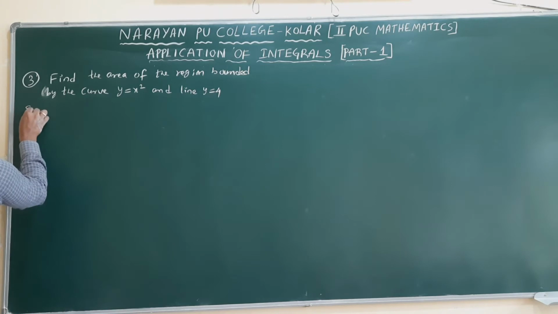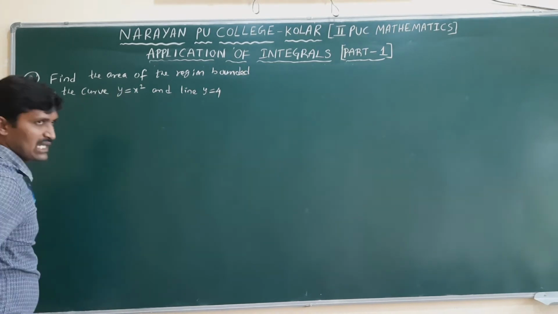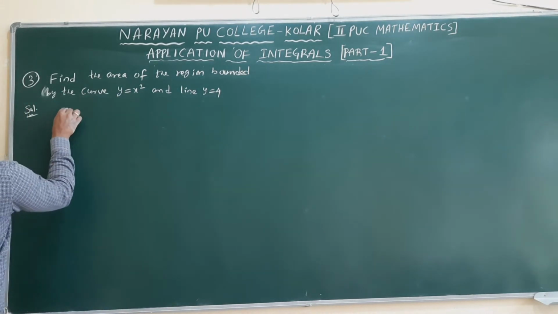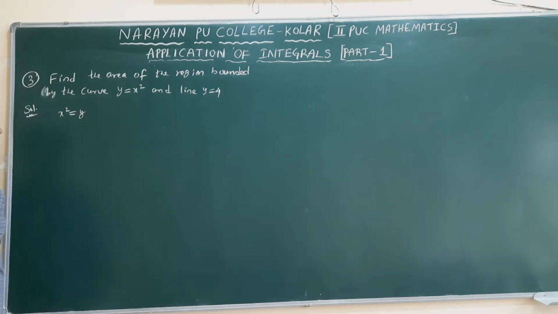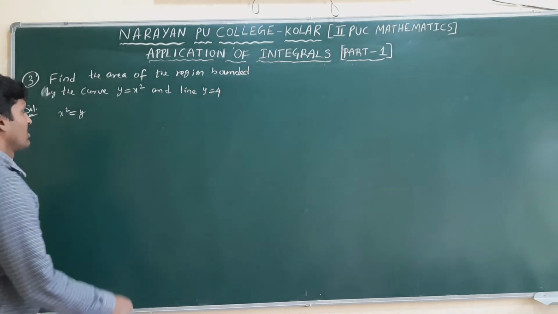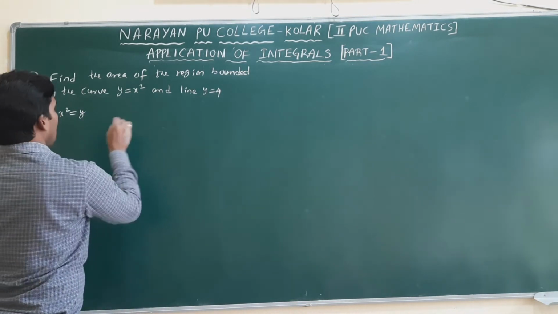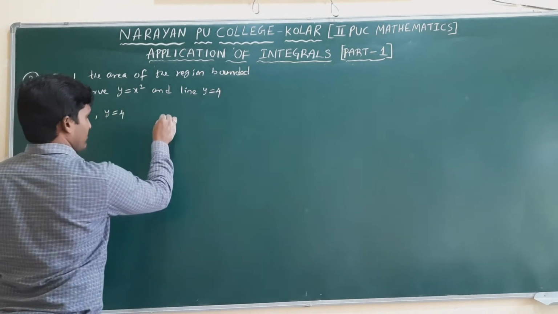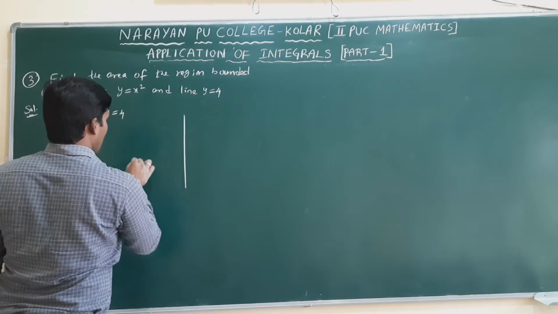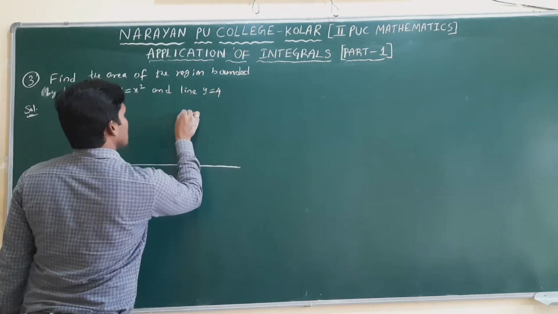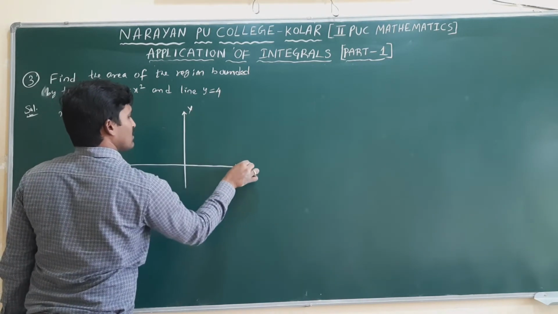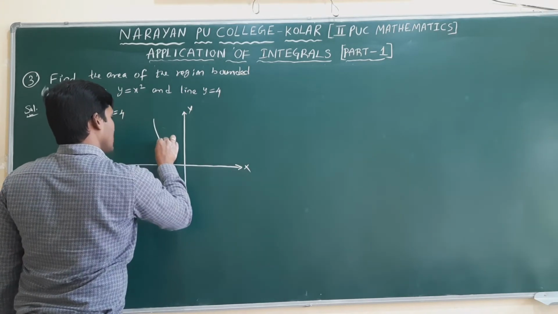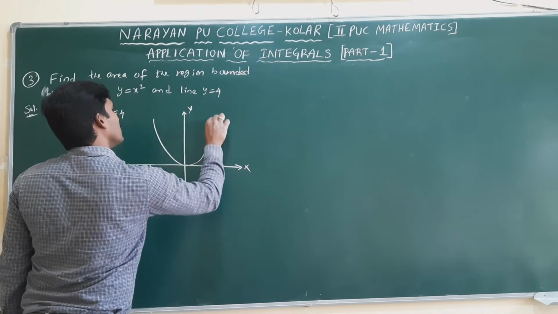Now this parabola is a third type of parabola. Clearly it is in the form of x square equal to y, and another line that is given is y equal to 4. This will clearly open upwards with respect to the y axis.